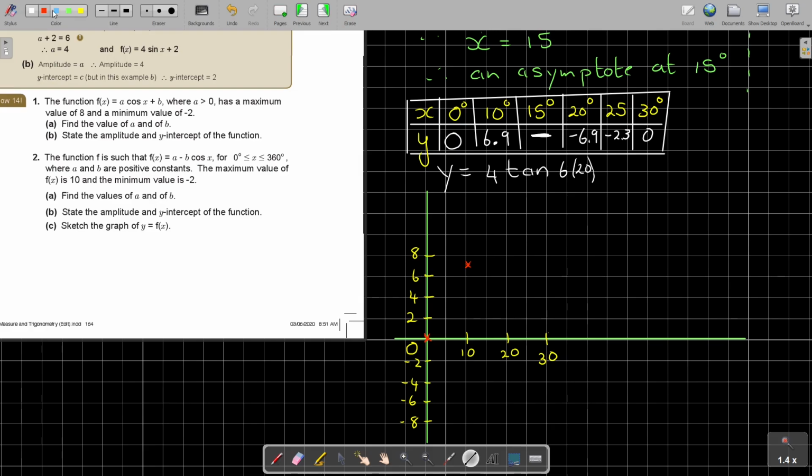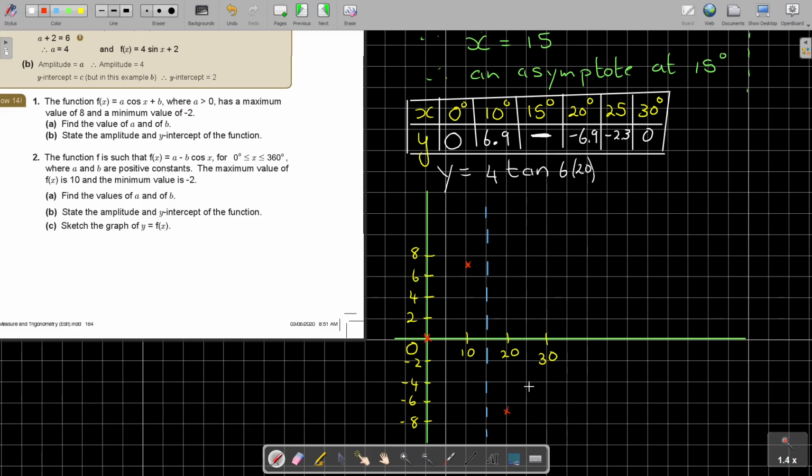First create your asymptote, I'm just going to use my ruler, before you start, so that you know that that is your asymptote. In pencil you can make that broken line. And then at 20, it's negative 6.9.